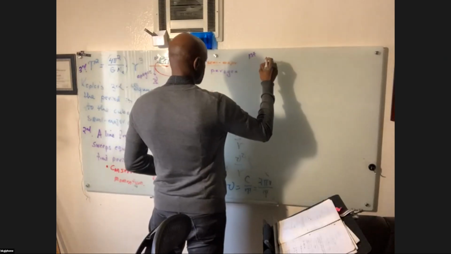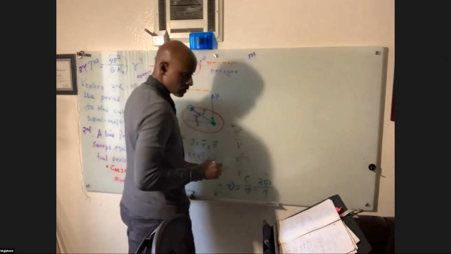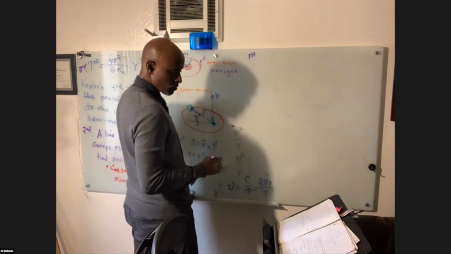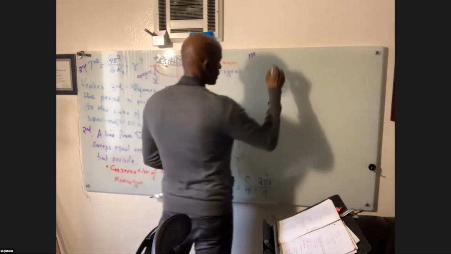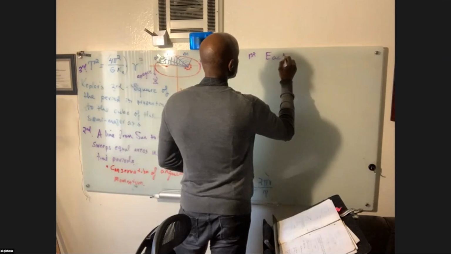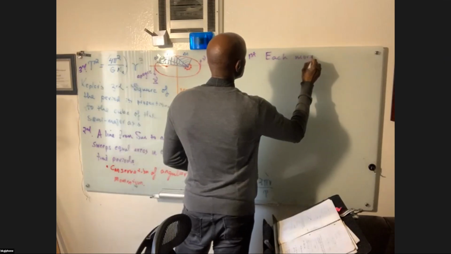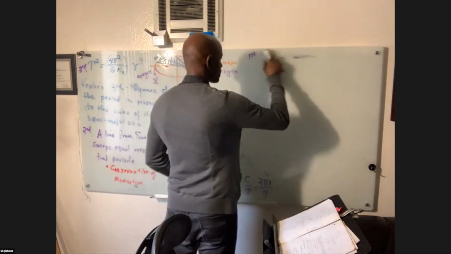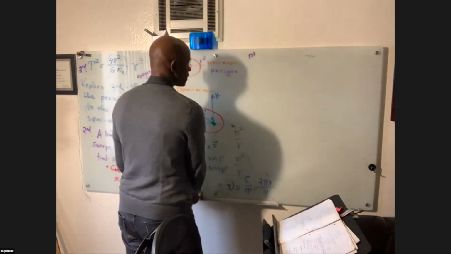Kepler's first law is that each planet moves in an elliptical orbit with the sun as a focus. Basically, orbital bodies move in ellipses with the sun as a focus.